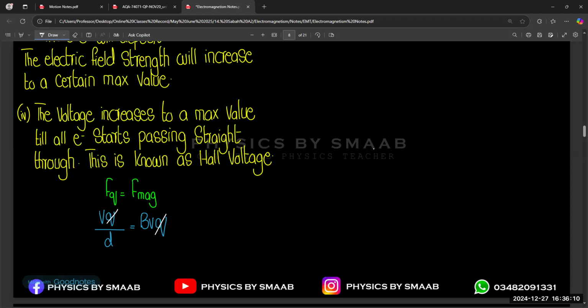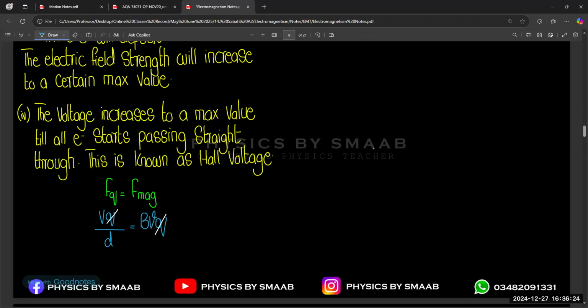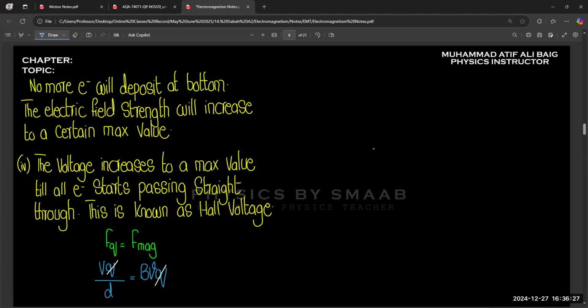But both V's are not the same. One V represents the velocity and the other V represents the voltage, right? Like we discussed last time. So we can change the symbol like this. And further, V over d is equal to the electric field directly, like this.